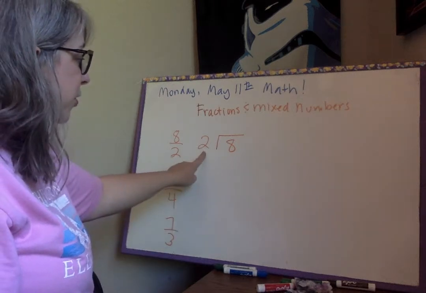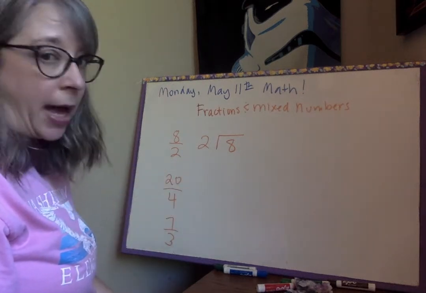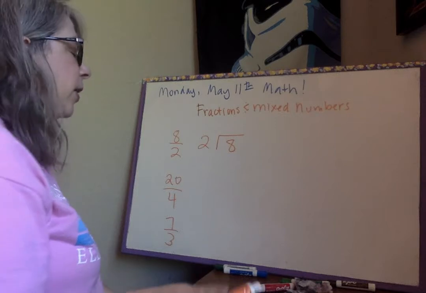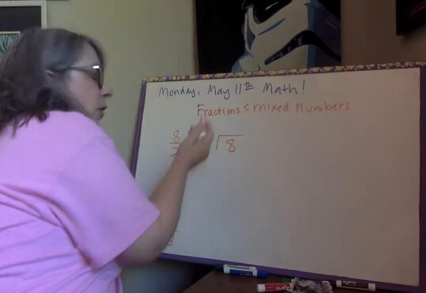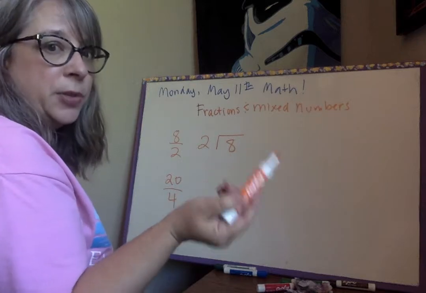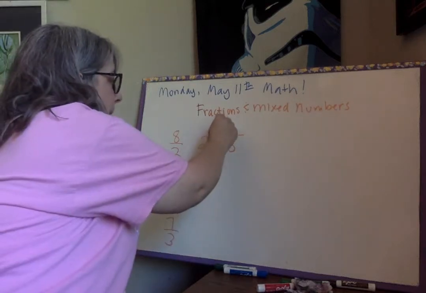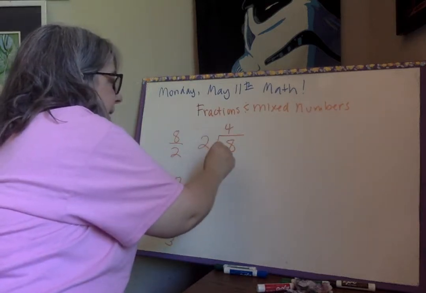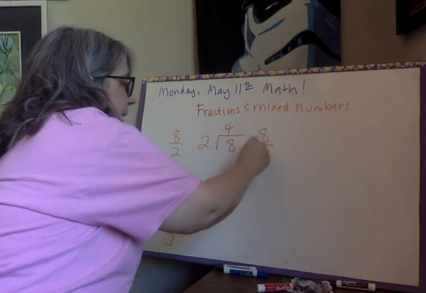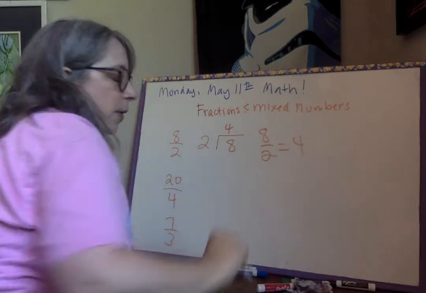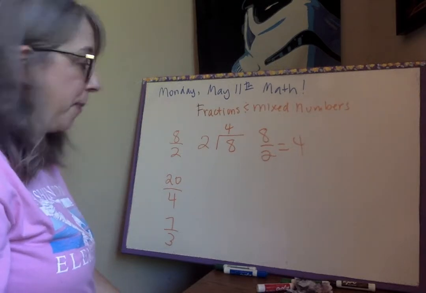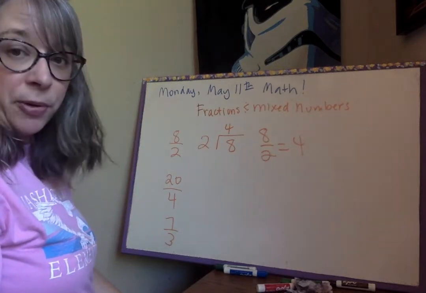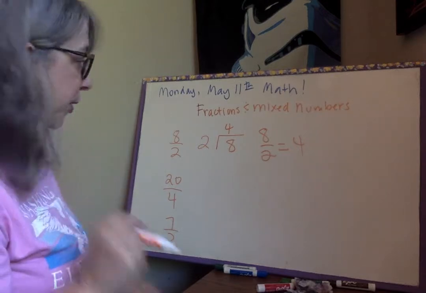So how many times can 2 go into 8 without going over? You can always think, what times 2 is 8? Well, 4. 4 times 2 is 8. And so 8 halves is equal to 4. That is all. Although sometimes there might be a remainder, and I'll show you what to do.